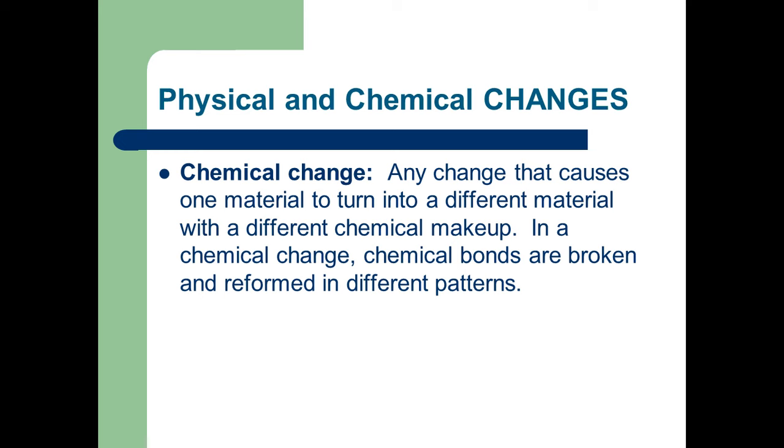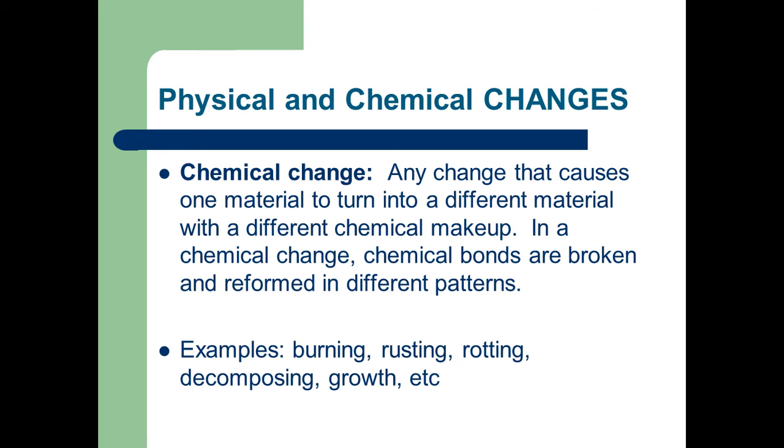And at the atomic level, you are breaking bonds and forming new bonds. You're not seeing the individual atoms, but you are seeing the result of that based on the signs that you see.